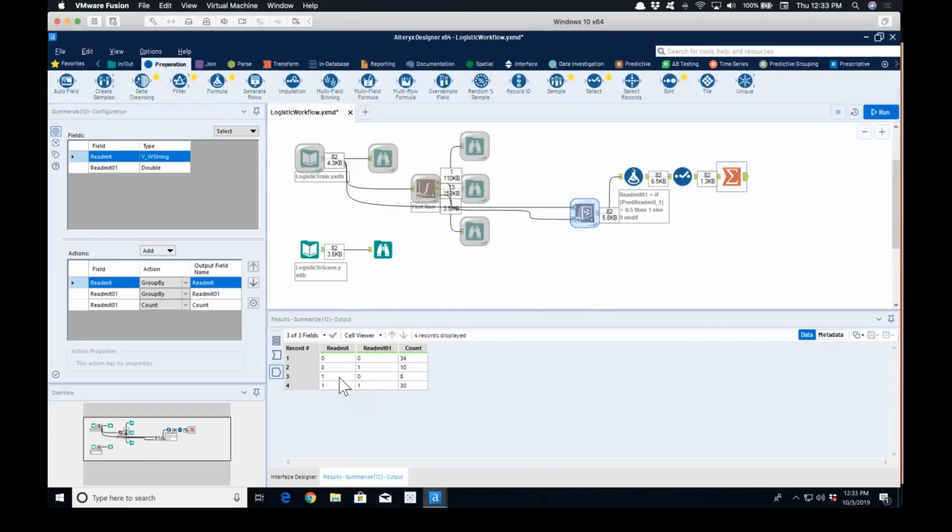Someone who was a 1 and we scored them a 0: there's 8 of them. And someone who was a 1 and we scored them a 1: there's 30 of them. So these numbers are exactly the same numbers as we saw from the output of our logistic regression.